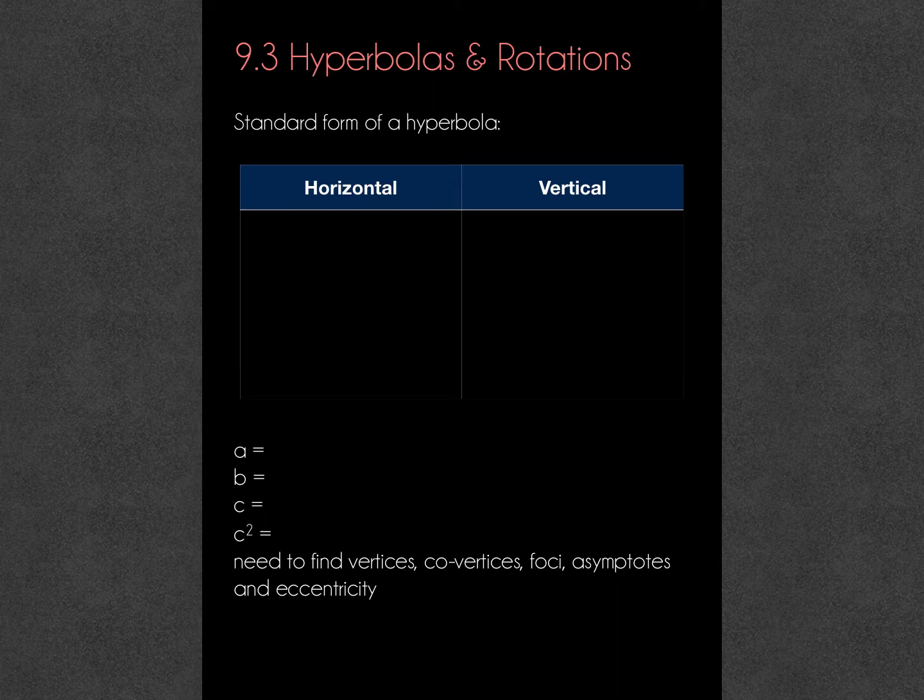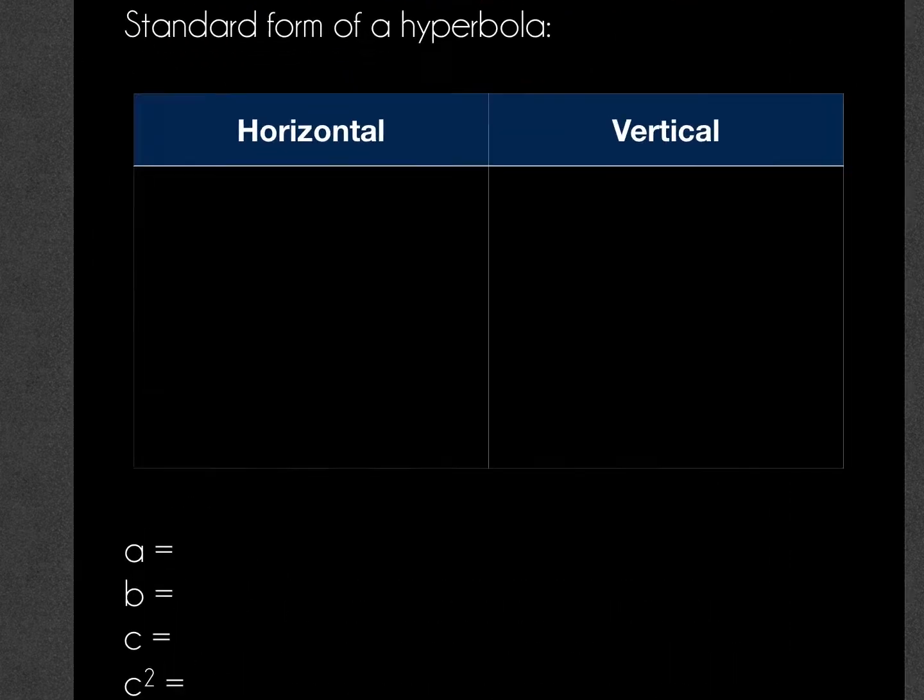But the standard form of the hyperbola, again, has two different kinds, horizontal and vertical. If it's horizontal, then your branches open outward. So let's say you have something like this. Your branches would open to the right and to the left. And for this equation, remember, order is important. The x has to come first.